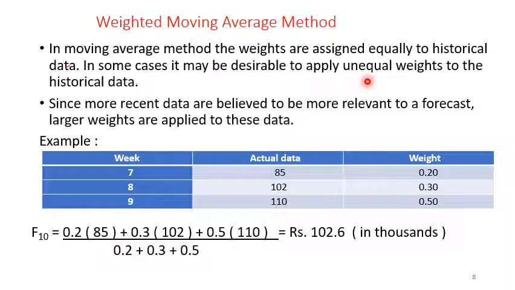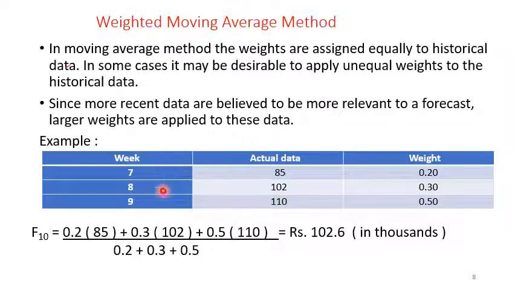The data is nearer to the value which you are going to predict. So that is why when we want to forecast something, the most recent data will be given more weightage. Since more recent data are believed to be more relevant to a forecast, larger weights are applied to this data. Let us take an example.